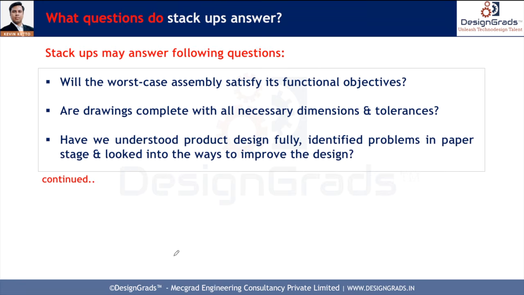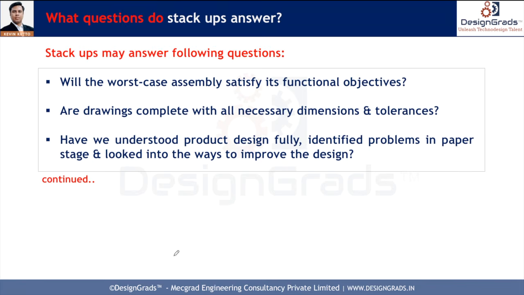Have we understood the product design fully, identified the problem at paper stage, and looked into ways to improve the design? What do we mean by this? We do stack-up analysis at paper stage, that means in the design stage, when our parts or tool is not ready. And that's where we can easily check whether it is meeting the function or not.